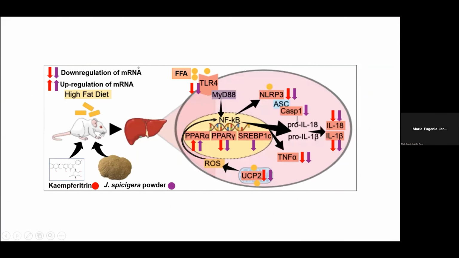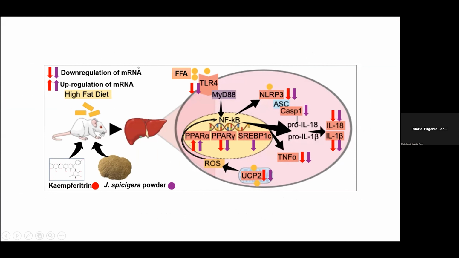This is the global result of the study. Here we show the downregulation of mRNA and upregulation of mRNA. Red is kaempferitrin and violet is the Justicia spicigera plant.